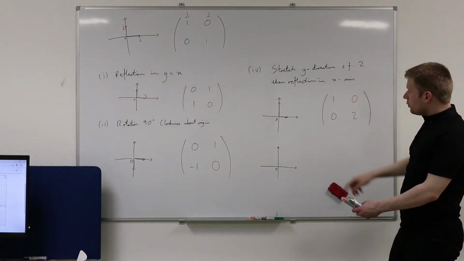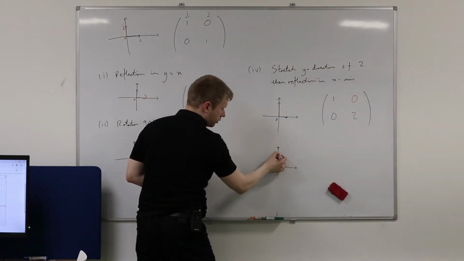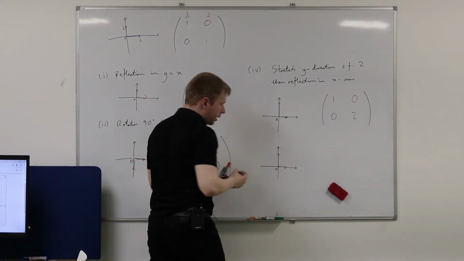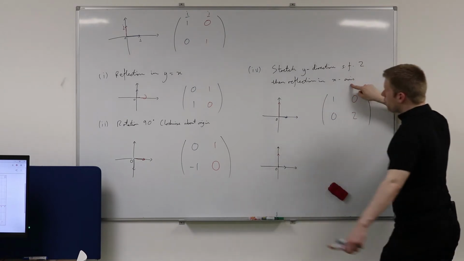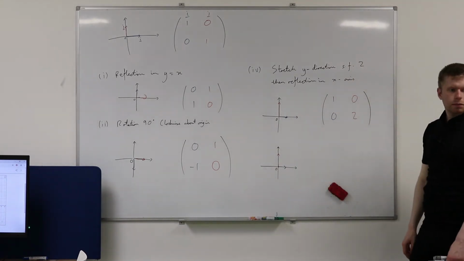Now let's think about, so this is where my i and j are now. So j is over here, and i is here, where it was before. Okay? So now let's think about the reflection in the x-axis. So what happens if I reflect this in the x-axis?